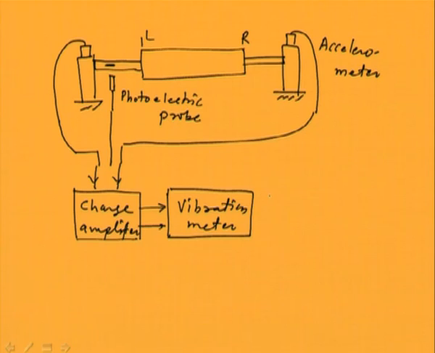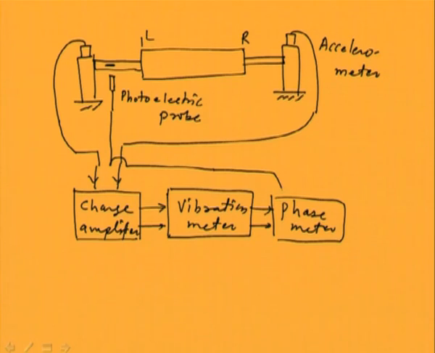There are phase measurements also, with a phase meter. So, two signals and this reference signal should go to the phase meter. The phase meter will give the phase of signal 1 and signal 2 with respect to the reference signal. Okay. So, all the phase measurements will be with respect to the reference signal.